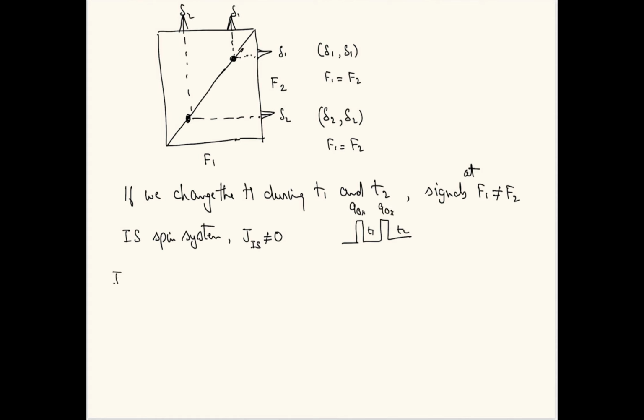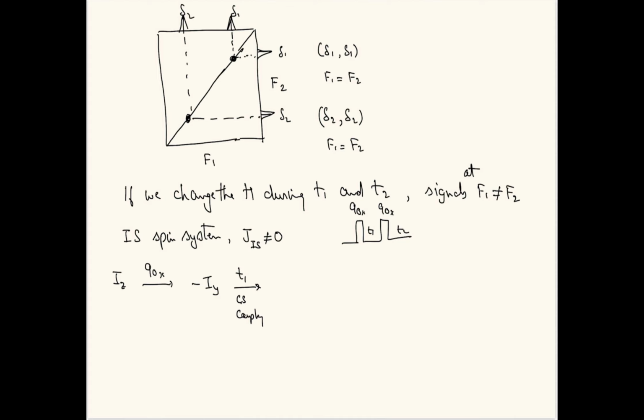Let's start with the Iz term again. You have 90x, you get minus Iy. You have t1. Now you will have chemical shift evolution followed by coupling evolution, or vice versa, so you can do either one first. That means you will have the chemical shift Hamiltonian as well as the coupling Hamiltonian, right?